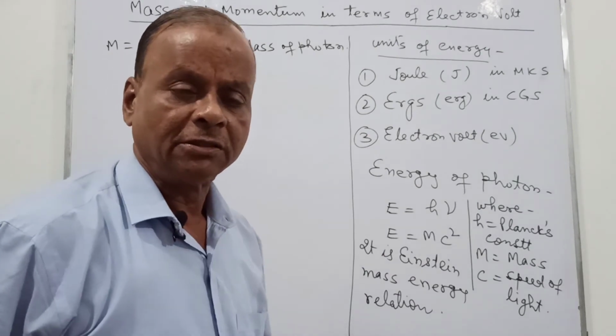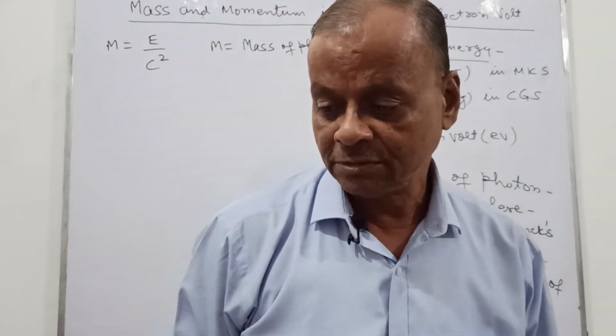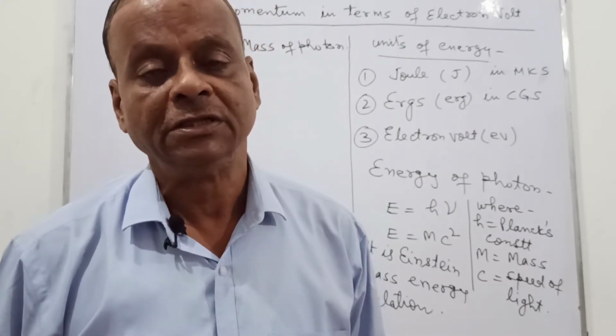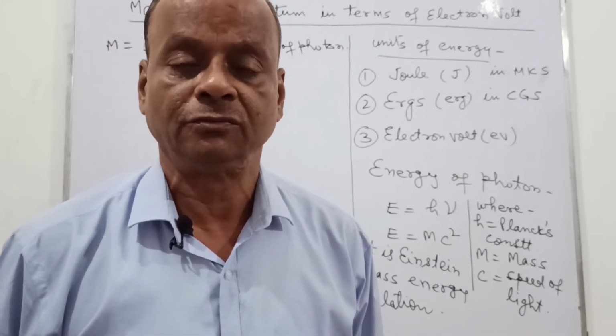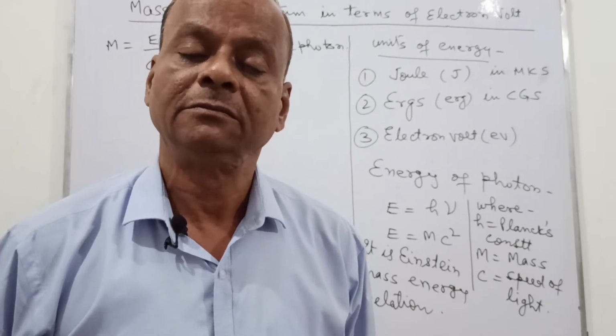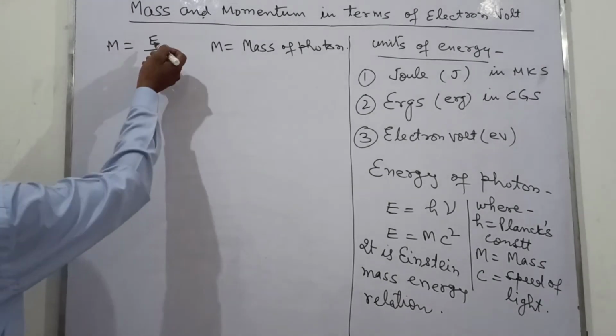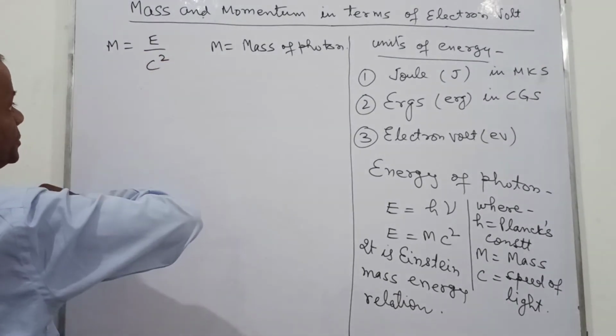You know that when the photon is at rest, then its mass is 0. But when it is moving, then its mass is not equal to 0. It has some mass. So now this is expressed in electron volt, this is now in c square.